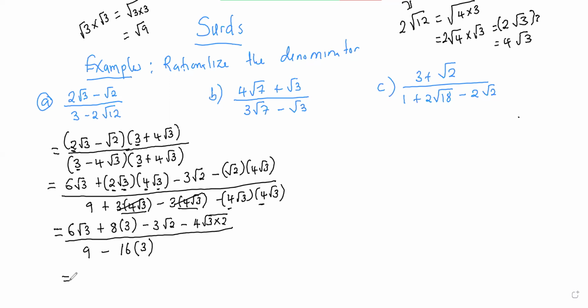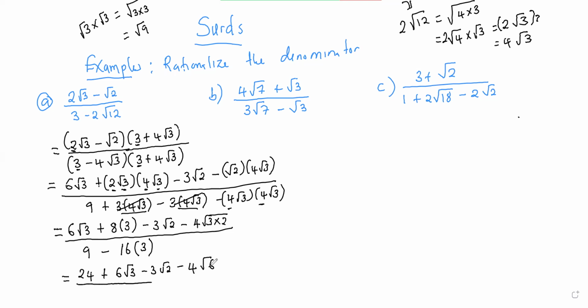Okay. So now we can add anything common on top, nothing. So we just have 3 times 8, that's 24, plus 6 root 3 minus 3 root 2 minus 4 root 6.